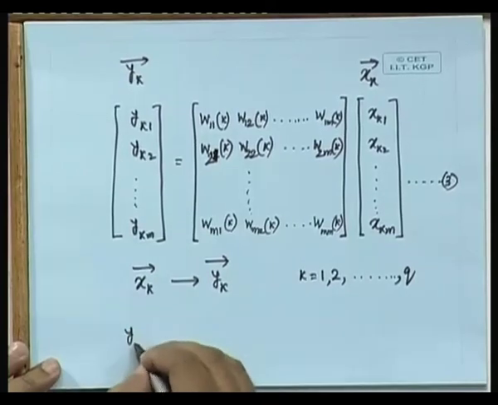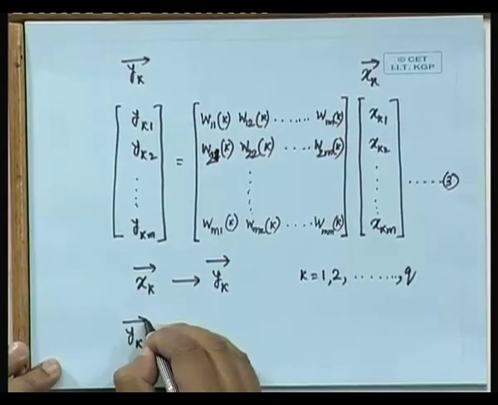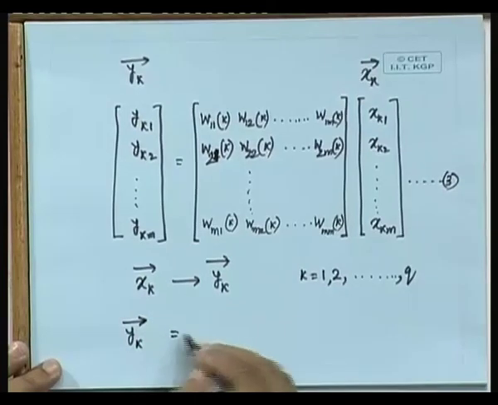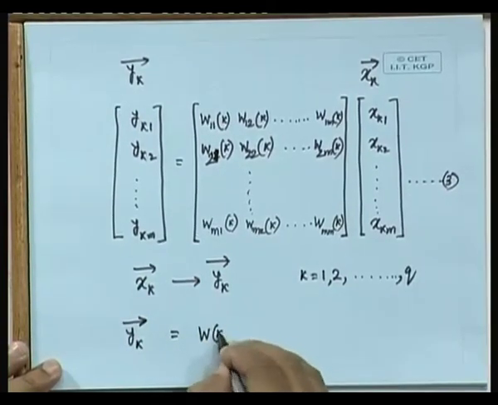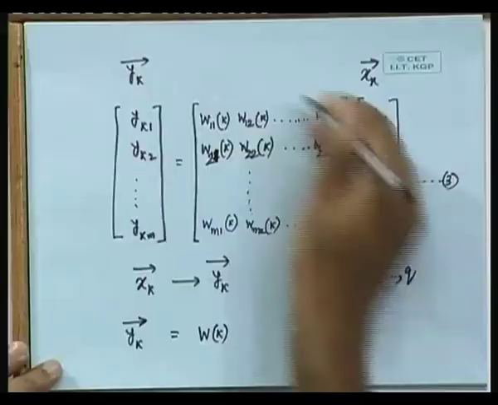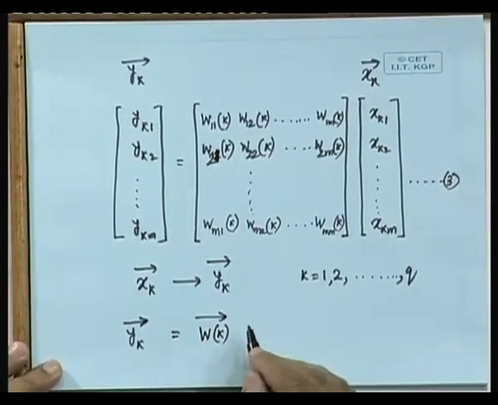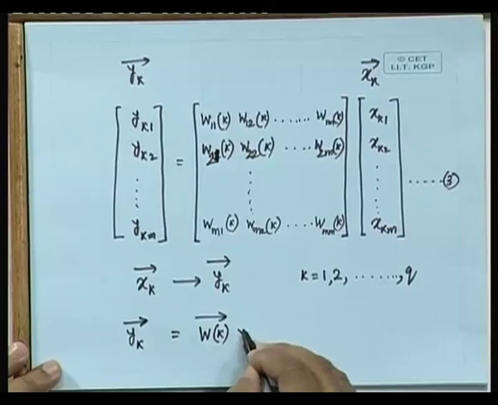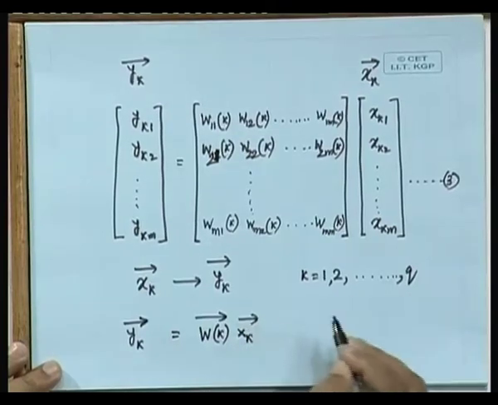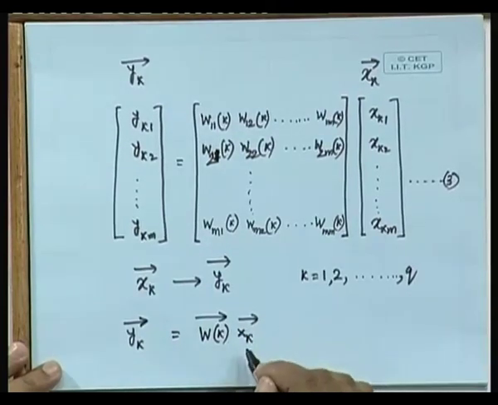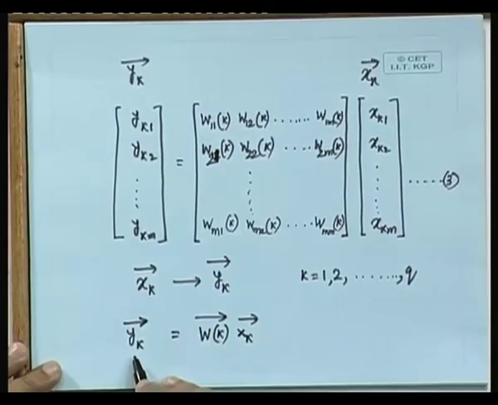We can simply represent it as the yk vector equal to Wk, a matrix, this particular matrix that we have got, times the xk vector.